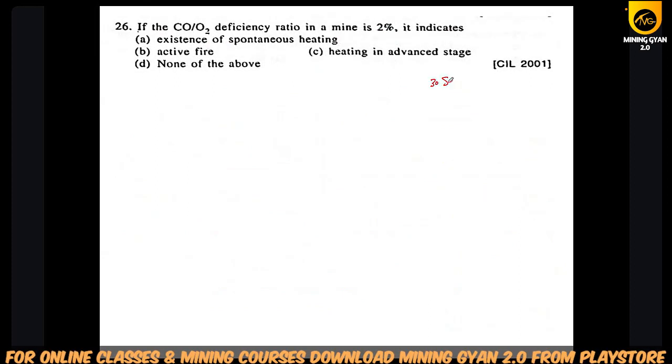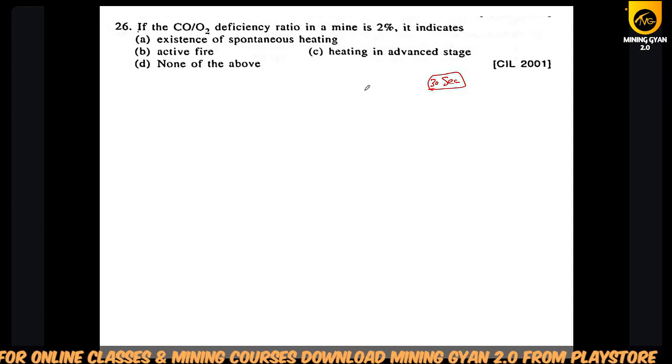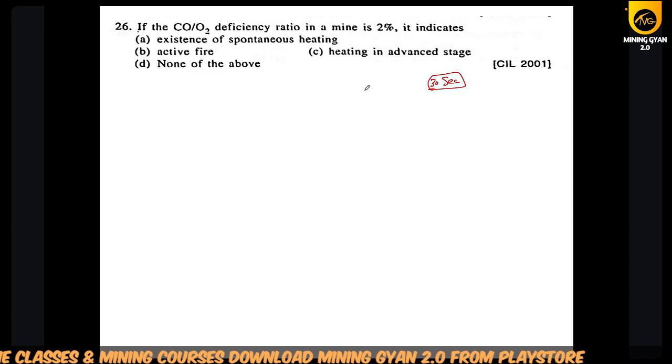Now 30 seconds. If the CO by O2 deficiency ratio is 2, please comment, those who know. If CO produced by O2 consumed, what is the formula, the name of the formula you should write also. And if you want to give the answer of the 26, then give your answer.